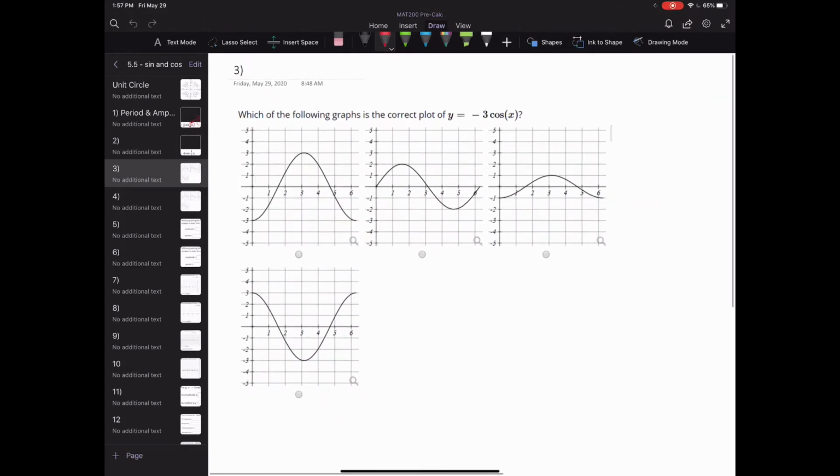Which of the following graphs is a correct plot of y equals negative 3 cosine of x? So the negative flips the cosine curve, right? I'm going to just draw a standard cosine curve here. So cosine starts off at 1, and I'm just going to draw the four benchmark points. This is pi, and that's 2 pi, right?